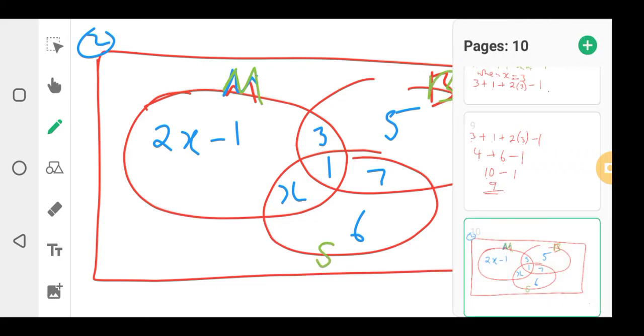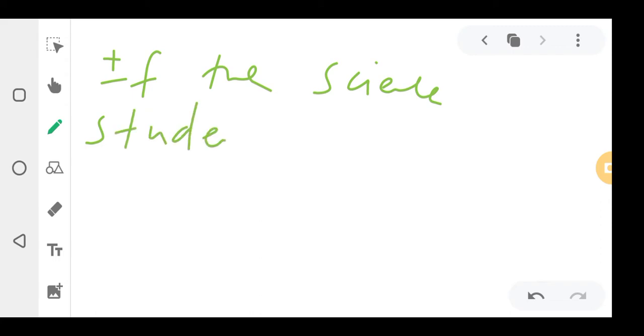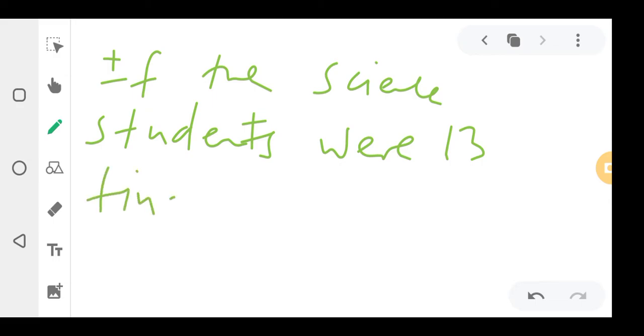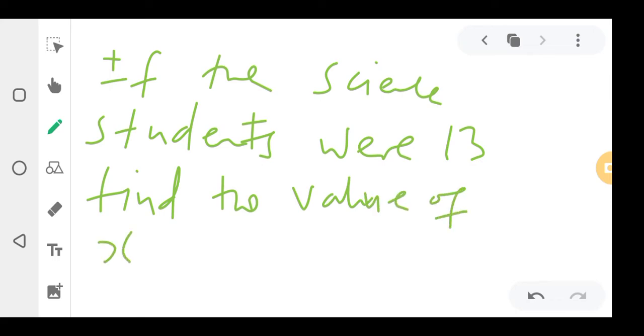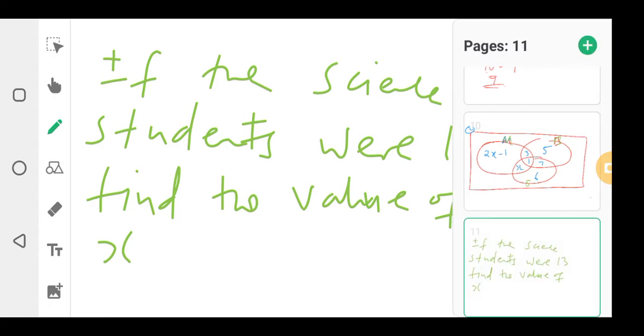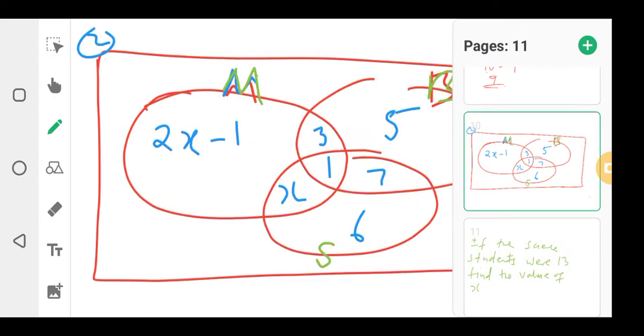So sometimes they can say, question 1, if the science students were 13, find the value of x. Have you seen? That's the first question.